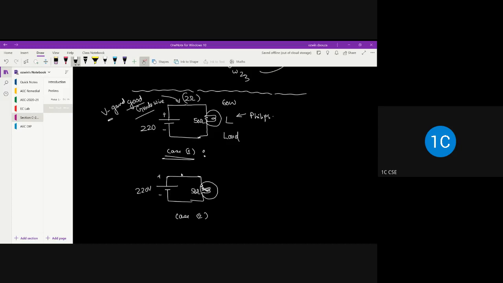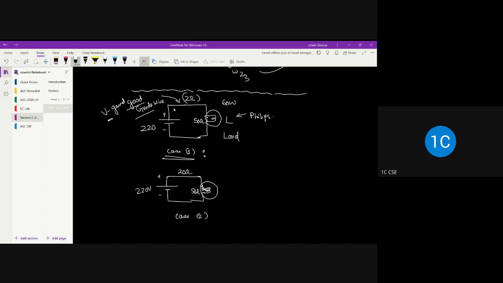Let's say this wire resistance is about 20 ohm. Now you assess the two situations here. Same source, same load, but the transmitting medium I have changed.